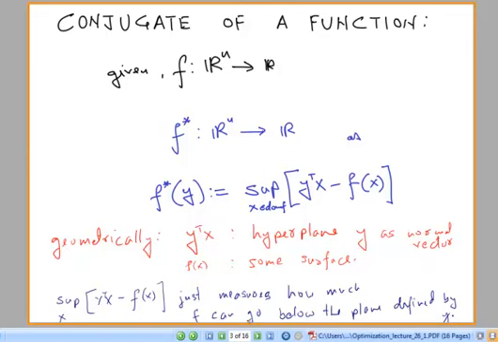So what is f star doing? We're taking the pointwise supremum of a collection of affine functions. Affine functions are convex, and we know from the last chapter there is a theorem that if we have a family of affine functions, then the pointwise supremum is a convex function.